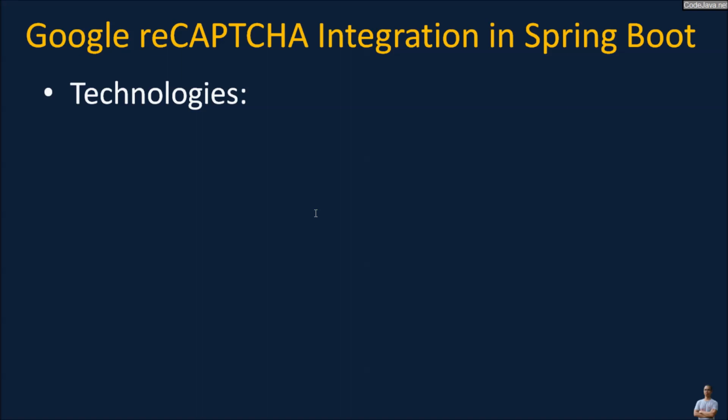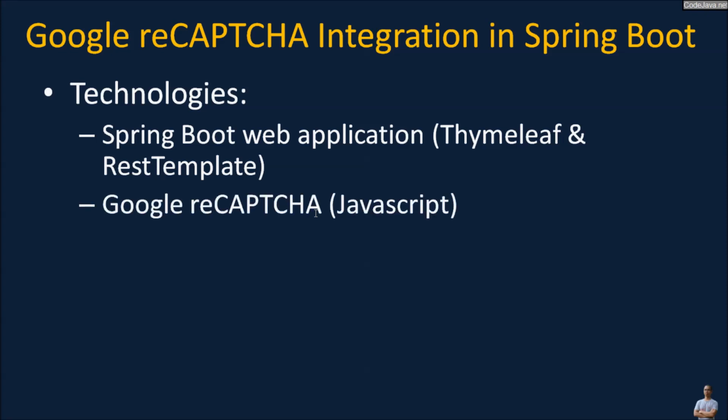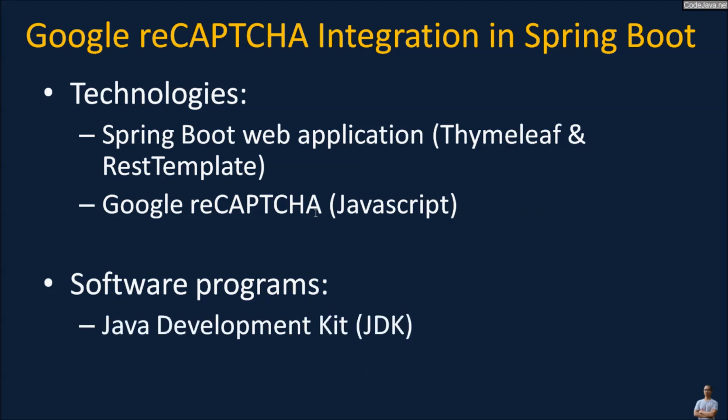The key technologies used in this video include a Spring Boot web application with Thymeleaf as a template engine and RestTemplate to call Google reCAPTCHA APIs. We also need to use the Google reCAPTCHA JavaScript library to render the "I'm not a robot" widget. And I'm using the following software programs: Java Development Kit JDK and Spring Tools IDE, STS.